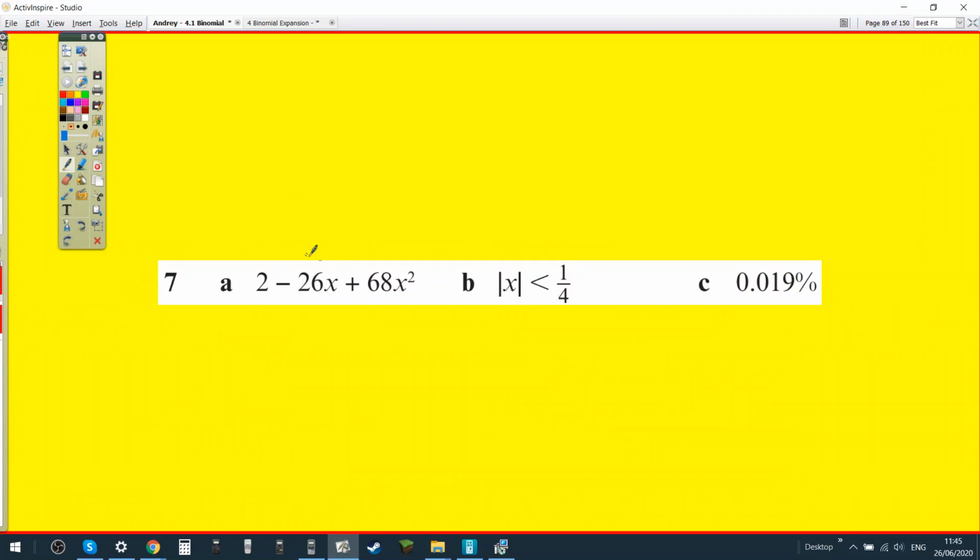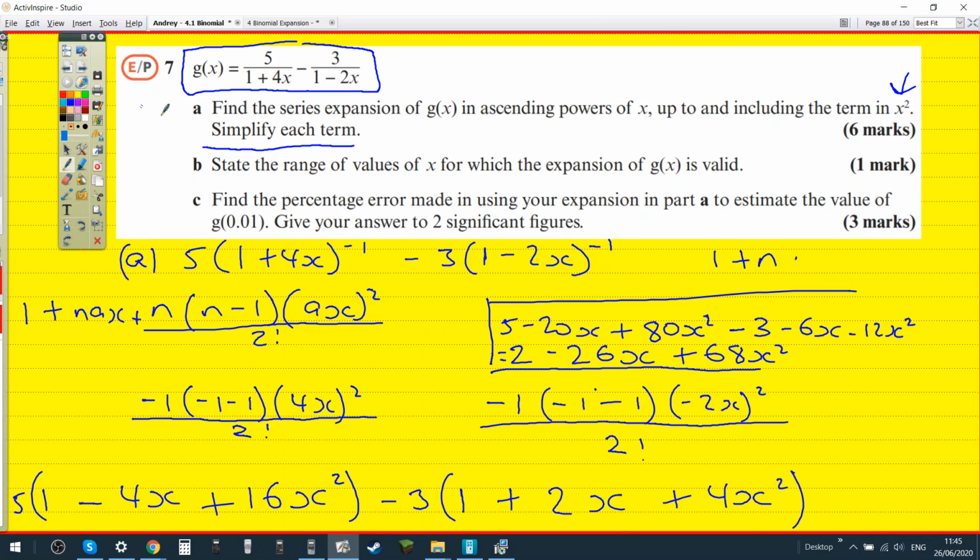Let's see. 2 minus 26x plus 68x squared. So this one, big picture, it's two different expansions. You do the expansion of the first, you do the expansion of the second, and then you do the first one take away the second one, which is what you did.